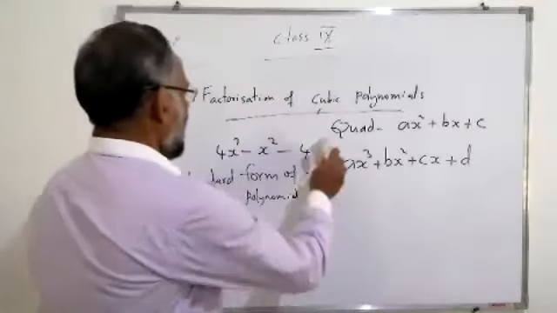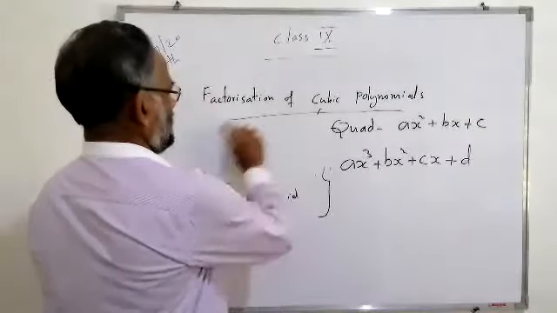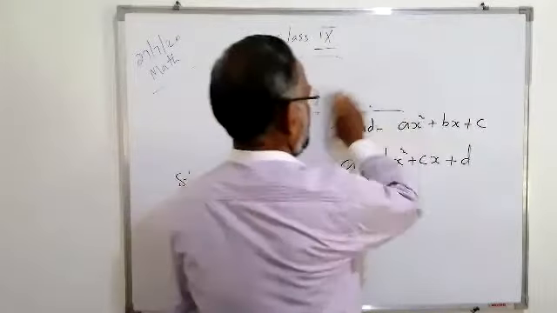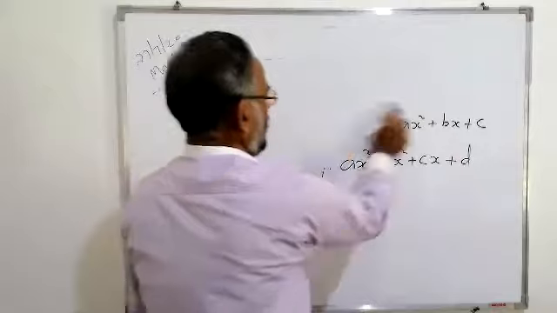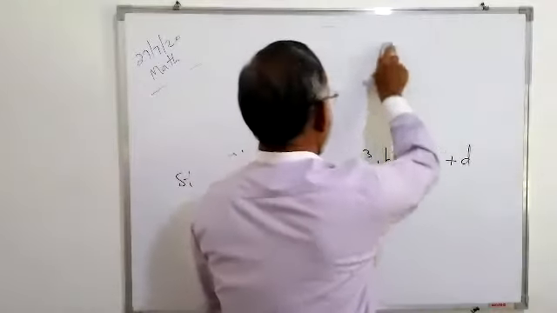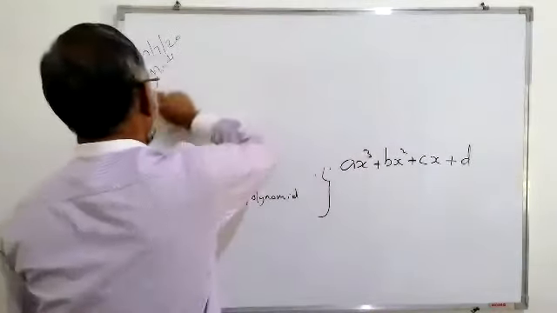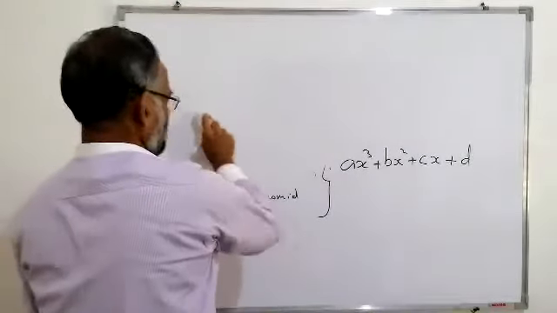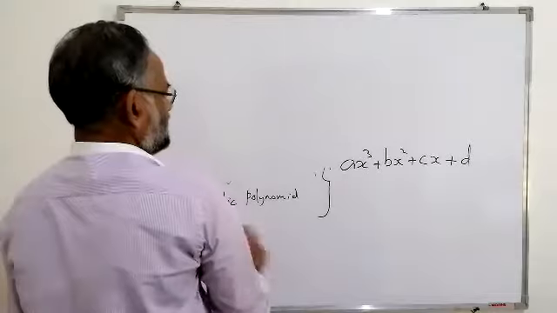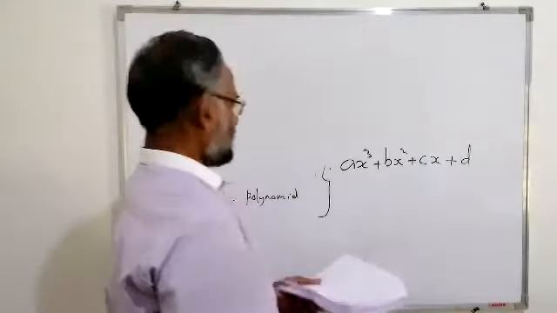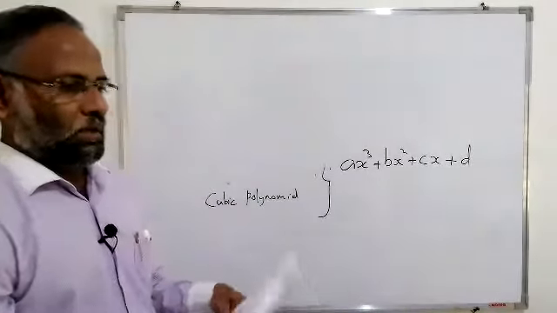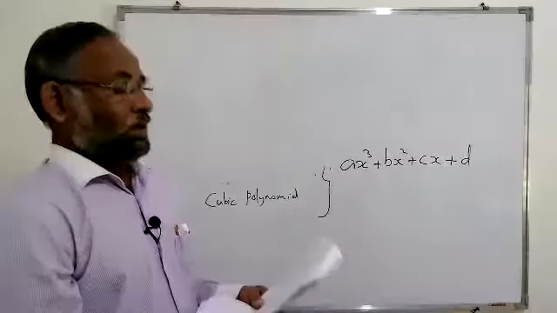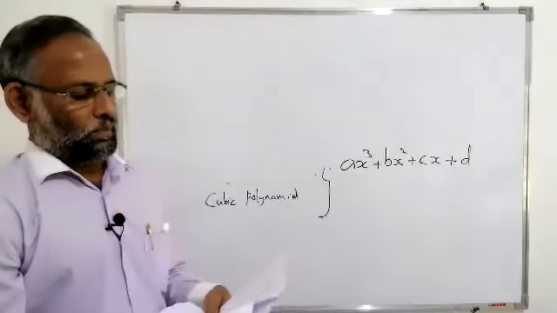Now, how can we factorize a cubic polynomial? Quadratic polynomial you studied. I told you, you have to change it into a quadratic polynomial by factor theorem, then by factorization. For example, now listen here, after that you can do.